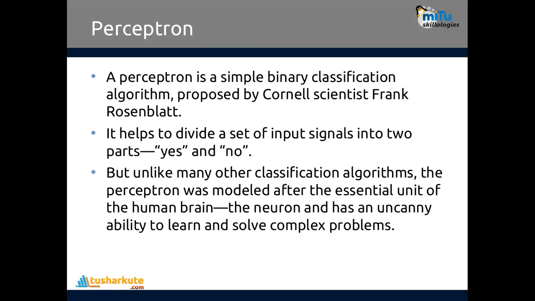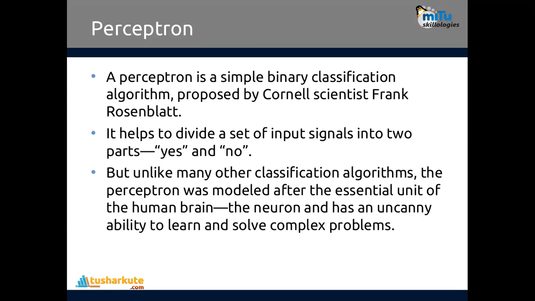Now let's come to the core part of the talk today, that is the perceptron. So what is the perceptron? A simple perceptron is a simple binary classification algorithm proposed by Cornell University scientist Frank Rosenblatt. He created this perceptron concept for the first time, keeping the human brain's neuron in mind.